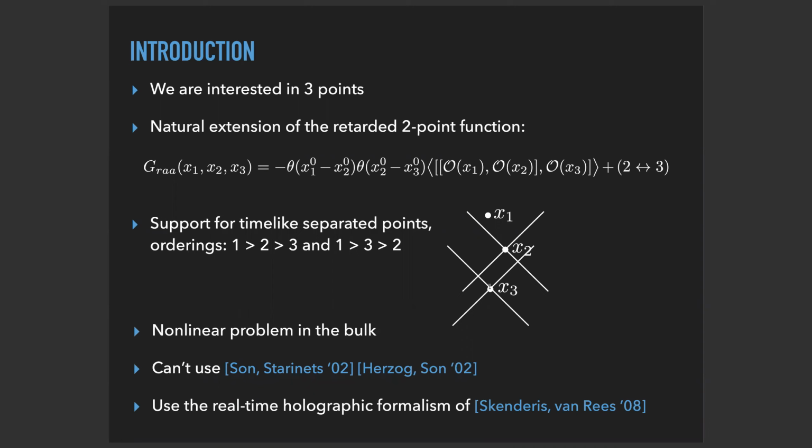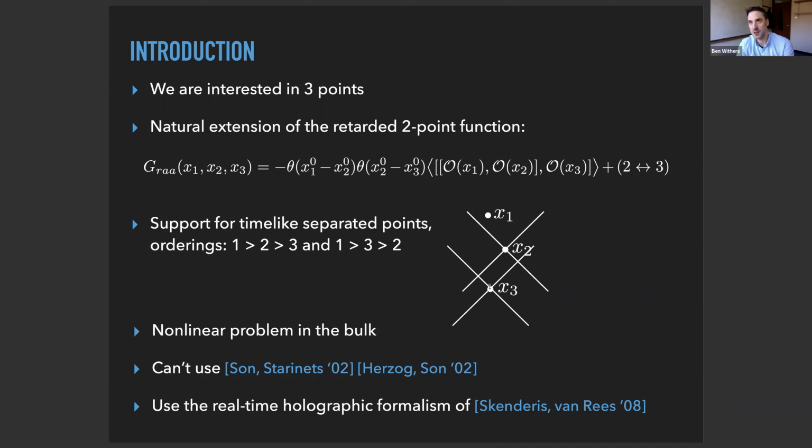I have a question. When you say you can't use Son-Starinets or Herzog-Son, is it from the philosophical point of view you mentioned, or can their computation of a 2-point function be applied for 3-point functions as well? So we will see, indeed. Mostly it's a philosophical objection, and we're going to start from this real-time prescription. That's the perspective.